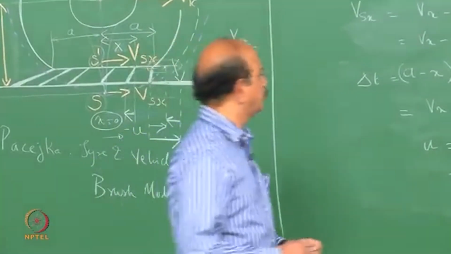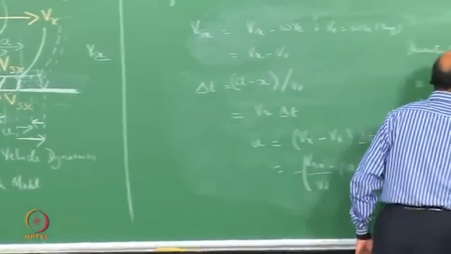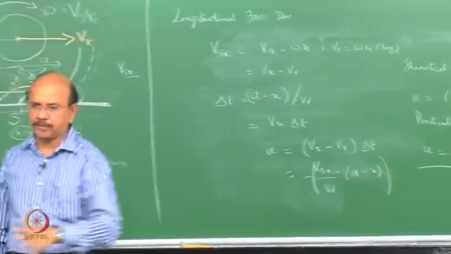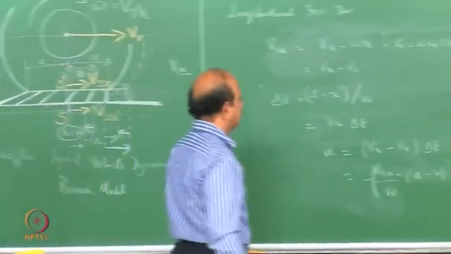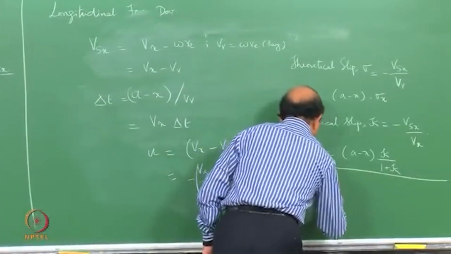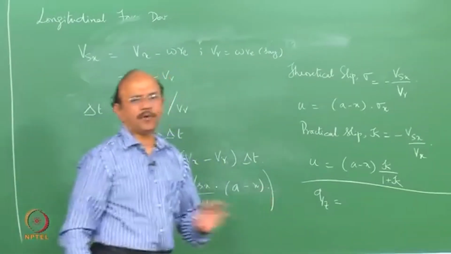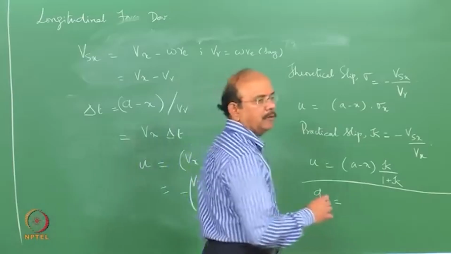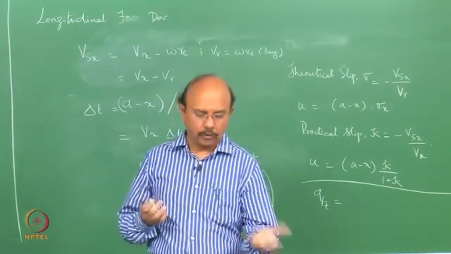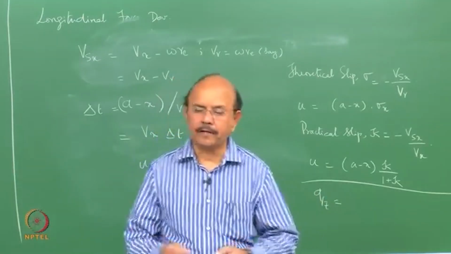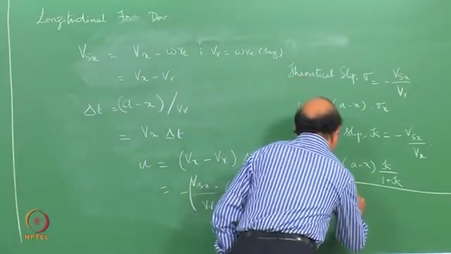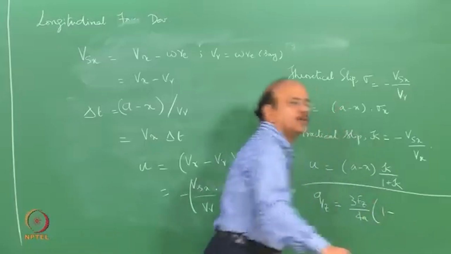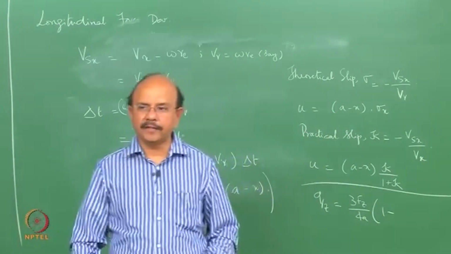My next step is to assume a distribution for the normal forces. I said that we will assume a parabolic distribution, a very common distribution that's assumed. So Qz is equal to, in terms of total Fz and in terms of A, 3 Fz by 4A into 1 minus, what should be the quantity there?